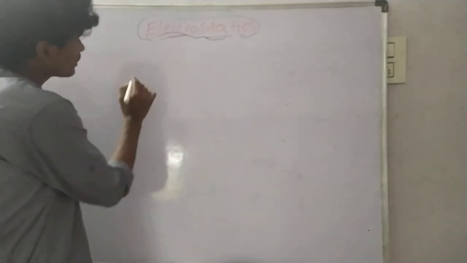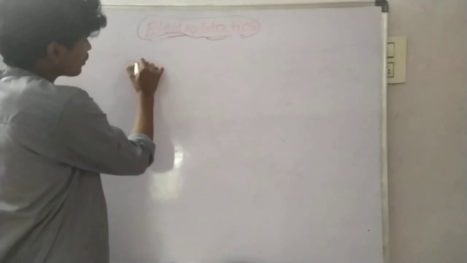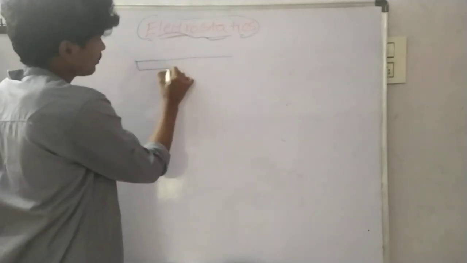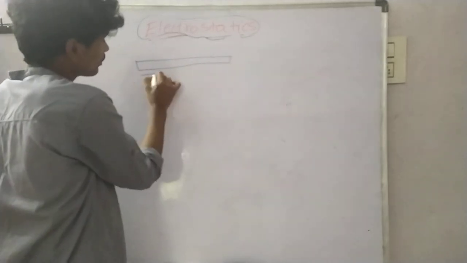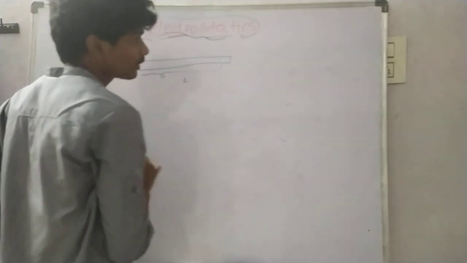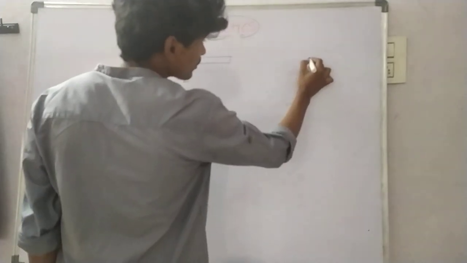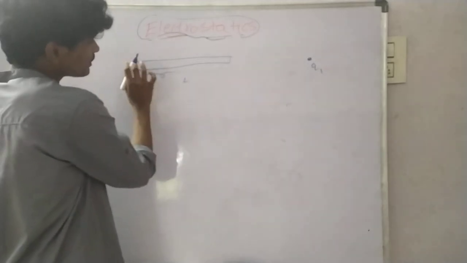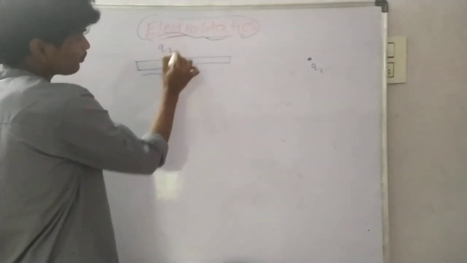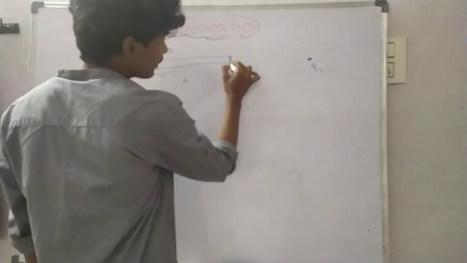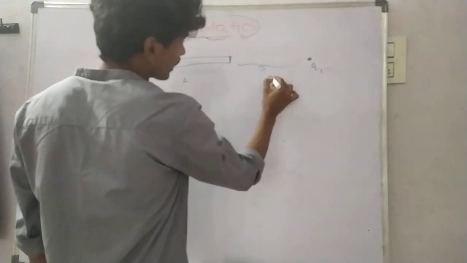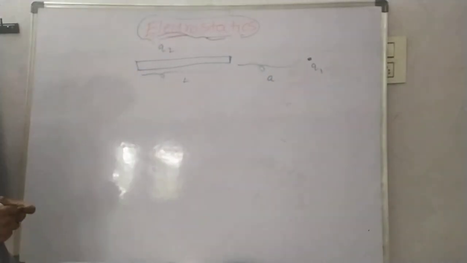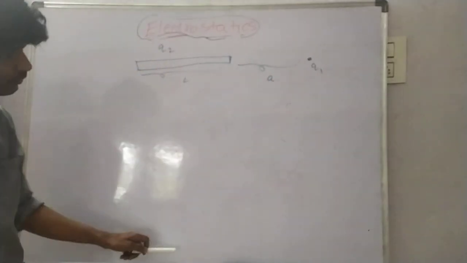This is a very interesting question. There is a rod. The length of the rod is equal to L. There is a point charge which is having charge Q1. And this rod is having charge of Q2. Now this end is at a distance of A from Q1. Now the question is, what is the force between Q1 and Q2?